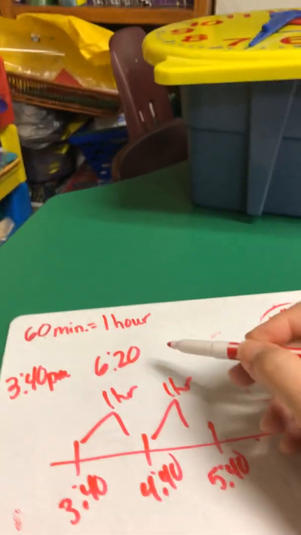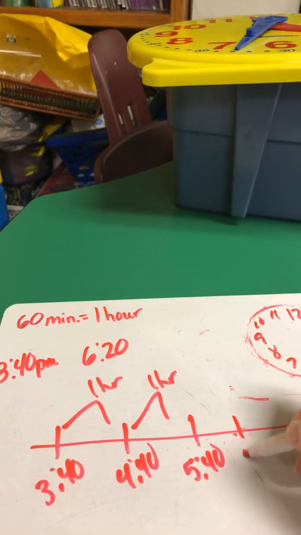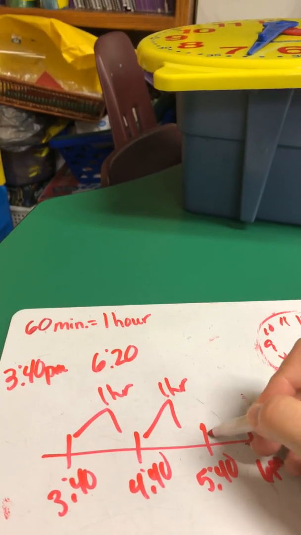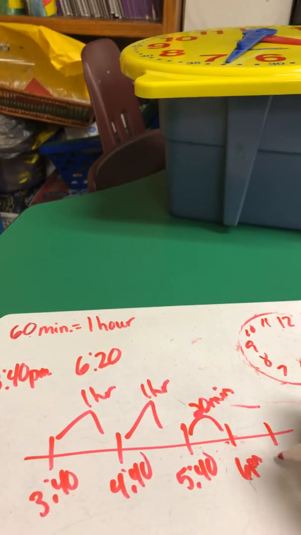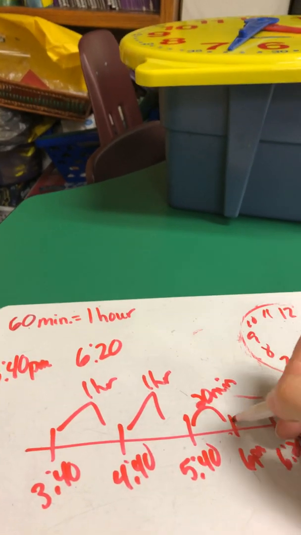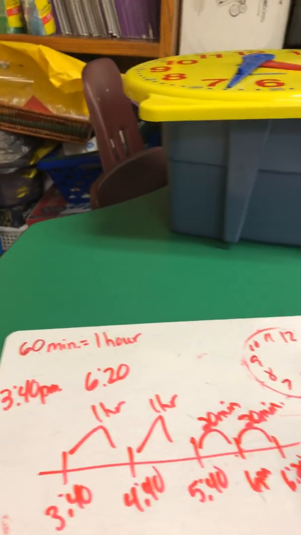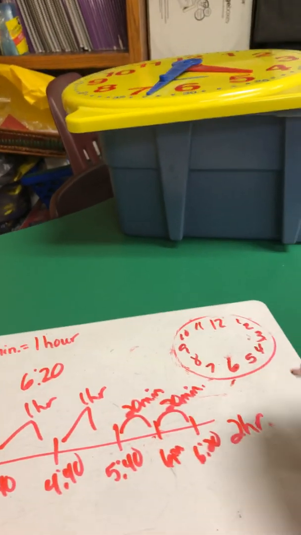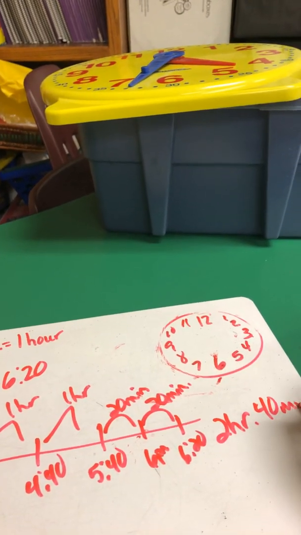I can't go to 6:40 though, can I? But what's 20 minutes right past that? This is 20 minutes. And then from 6 to 6:20 is another 20 minutes. So I have 2 hours, and 20 plus 20 is 40 minutes.